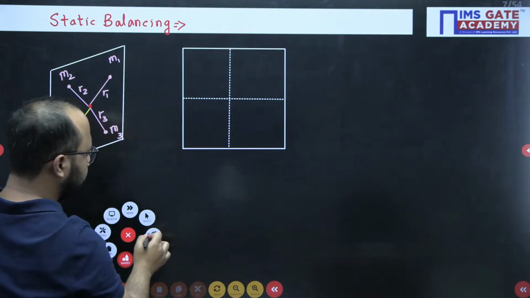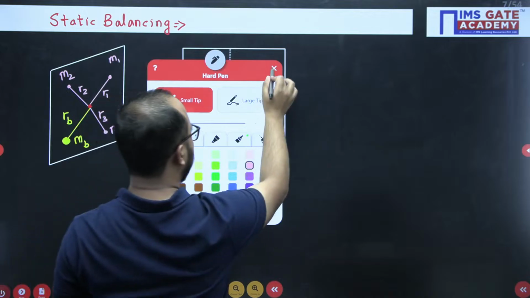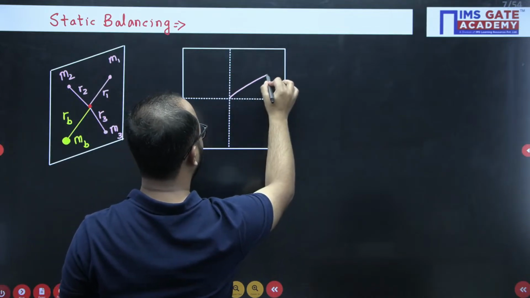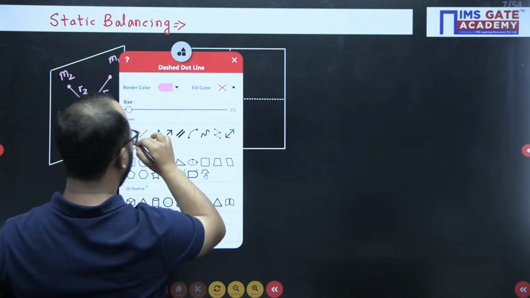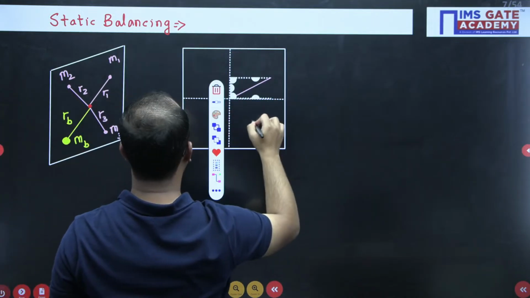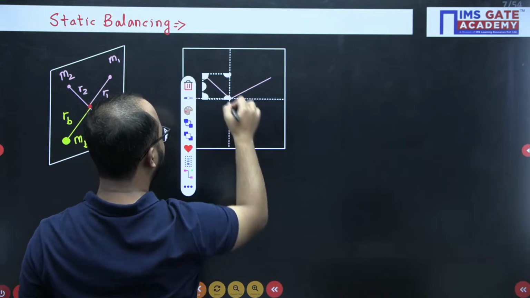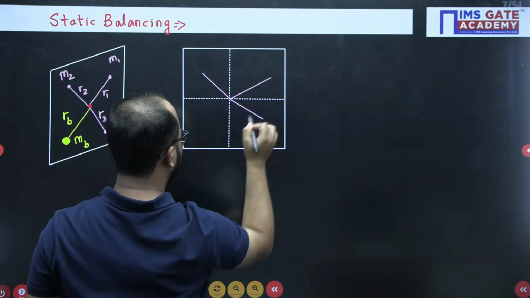Okay, now see. So the radial location of M1, radial location of M2 and radial location of M3, like this.